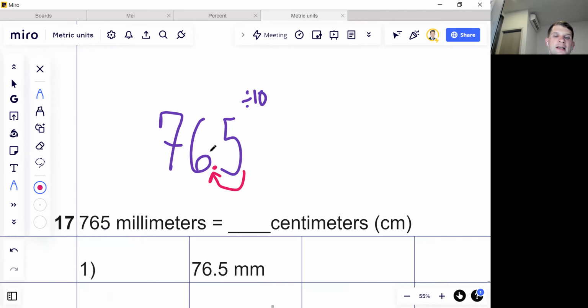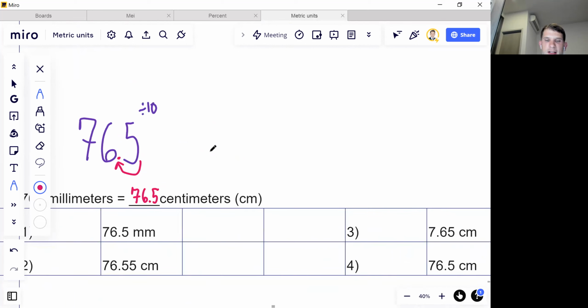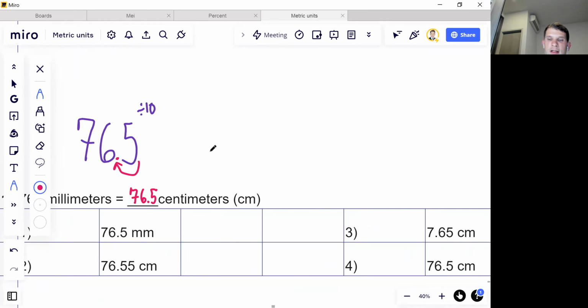That gives me 76.5 centimeters is equal to 765 millimeters. That is option 4, so select 4 for that one.